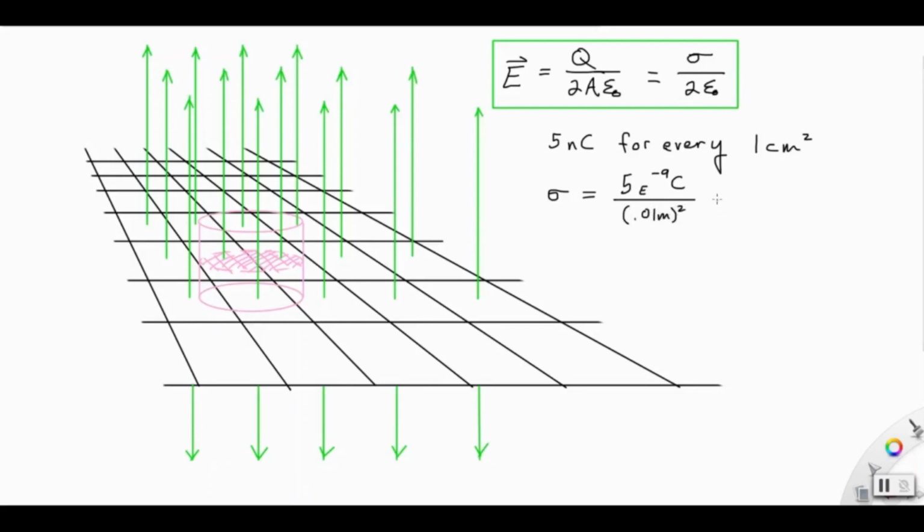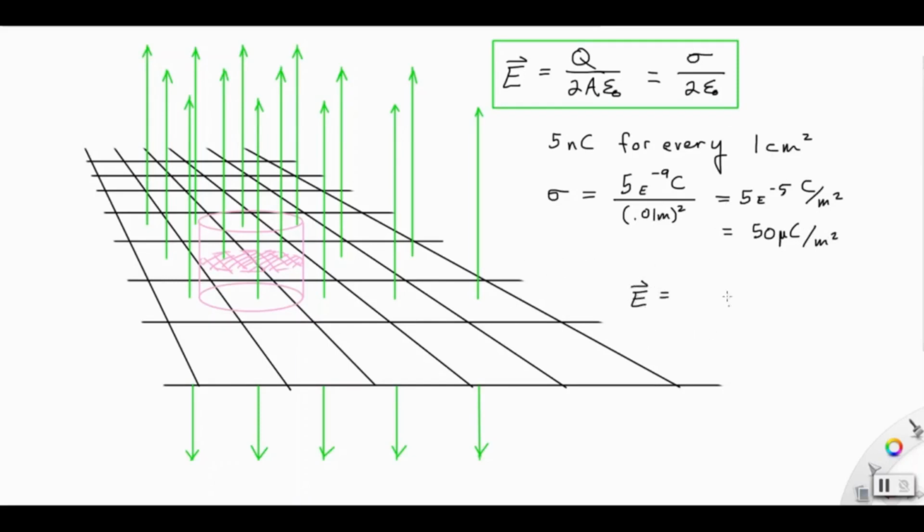If we take this through our calculator, we'll find it to be 5 times 10 to the negative 5 coulombs per square meter, or you could also write this as 50 microcoulombs per square meter. Okay, once we have this, then let's go ahead and just run the rest of the calculation to determine what the electric field is.